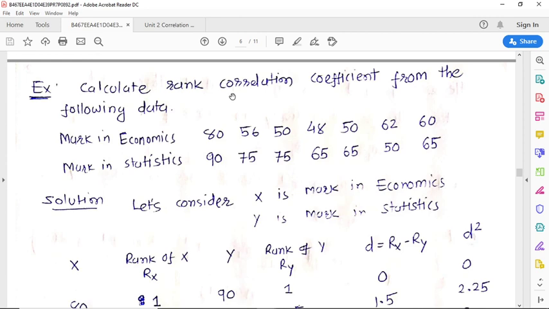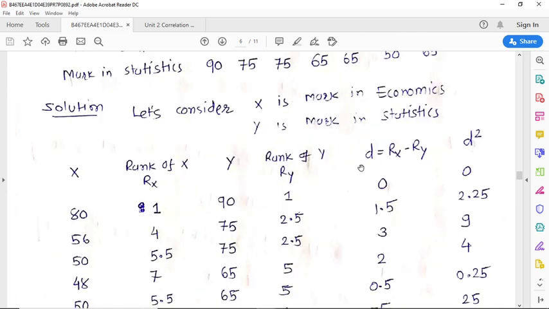You can check that the mark of the first student in economics is 80 and in statistics it is 90. Here the mark is 50 in economics and the mark in statistics is 75 for the third student. Okay, so that is the data we have, and we need to find the ranks first and then replace the values in the formula.